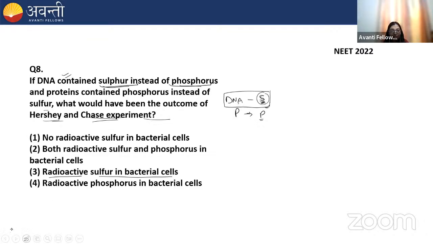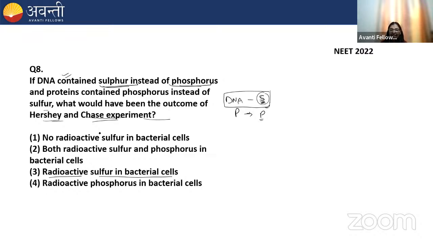Now they have reversed the situation. In the original experiment, we are getting the radioactive phosphorus in the bacterial cell because the phosphorus is a part of nucleotide, and nucleotides are the monomeric unit of nucleic acid, and DNA is the nucleic acid.